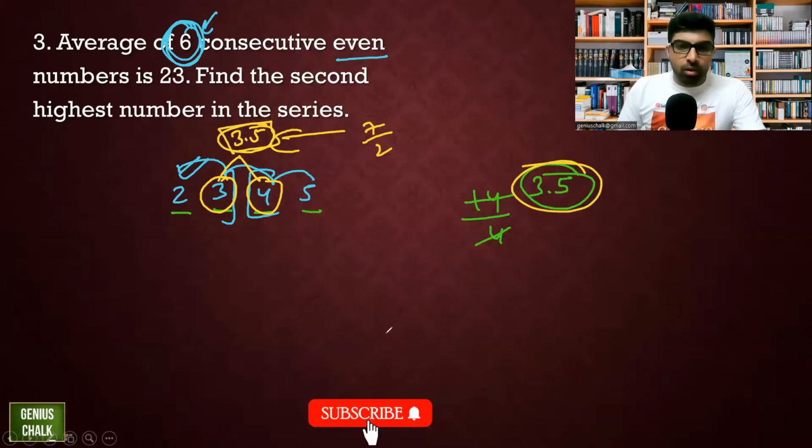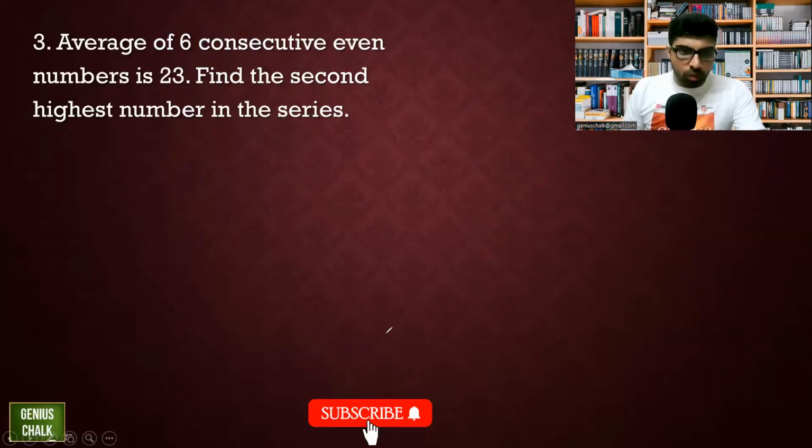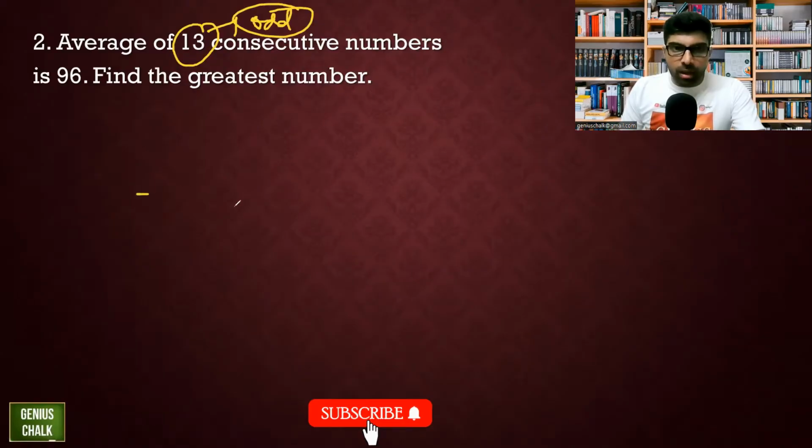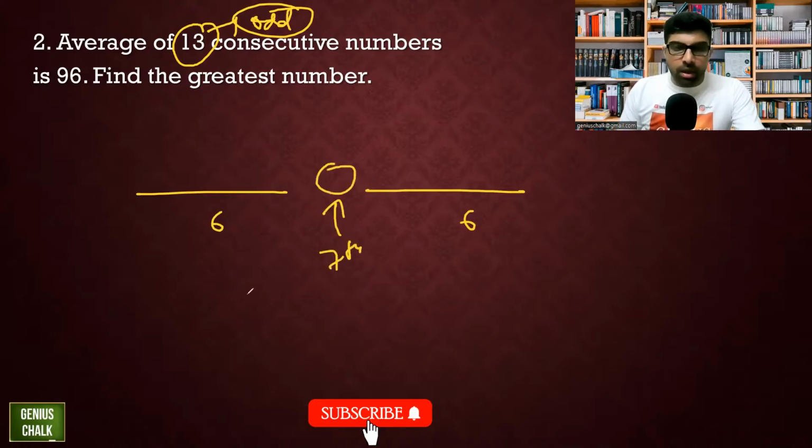So remember, what is the difference between this question and the previous one? In the last case, the total was an odd number, so it was very easy to locate, because 13 means leave 6 this side, leave 6 this side. The 7th one is the average. Like in the previous one, it is 11.